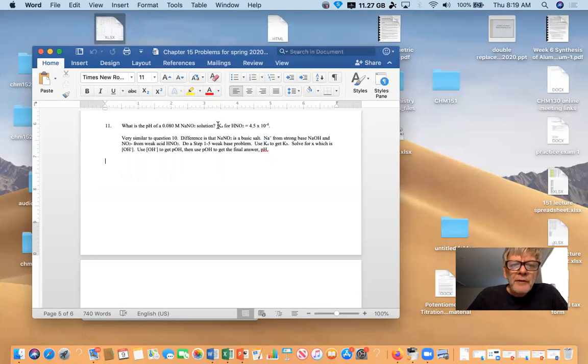But we remember that if we know Ka, we can get Kb. And because this is a weak base, in our start change equilibrium table, we're going to solve for OH minus, use it to get pOH, and then use pOH to get our final answer of pH.